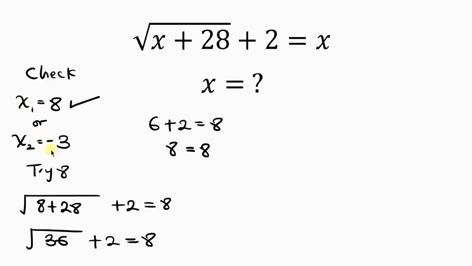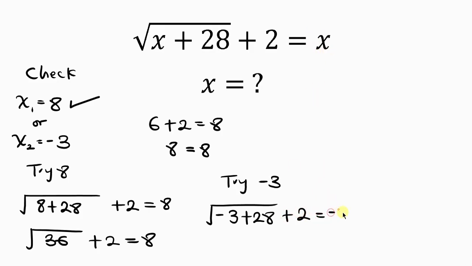So let's see if this negative 3 will work. So let's try negative 3. On the left, we have the square root of x, this time negative 3, plus 28 and then plus 2. Let's see if we're going to have negative 3, which is the value of x. Negative 3 plus 28 is 25, and then plus 2, equal to the right-hand side, negative 3.